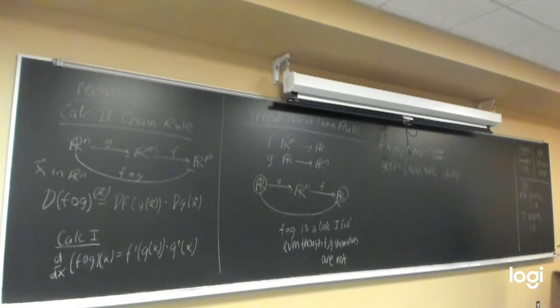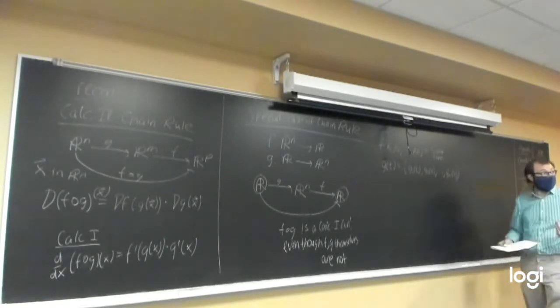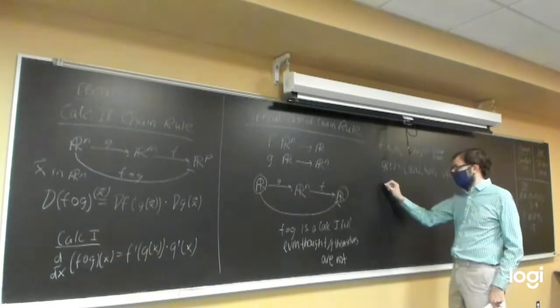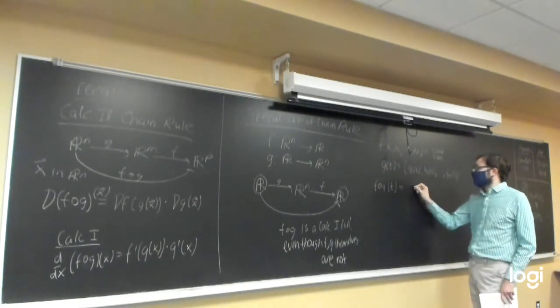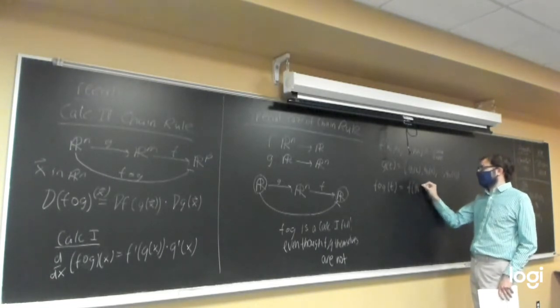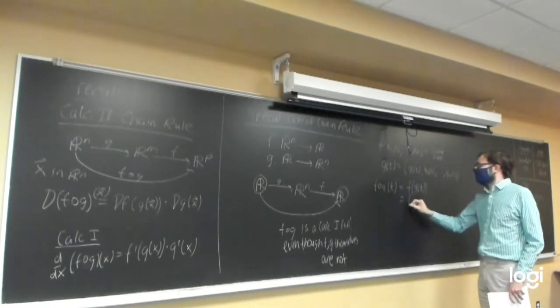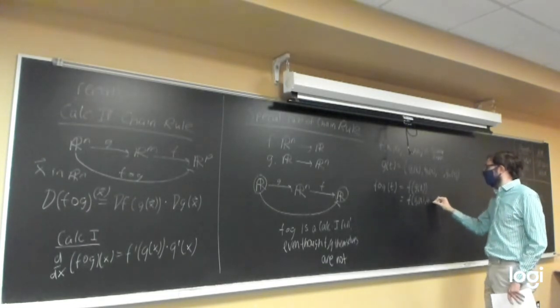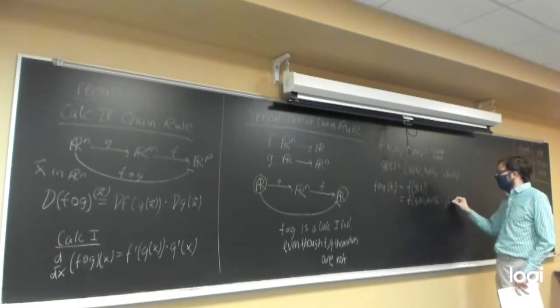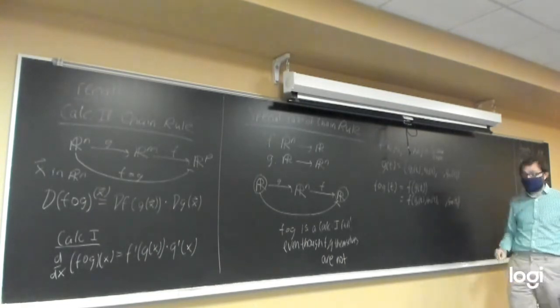And if these are our two functions, the composition of the two, f composed with g evaluated at t, would be f of g of t, which is f of g1 of t, comma, g2 of t, up to gn of t, by definition.